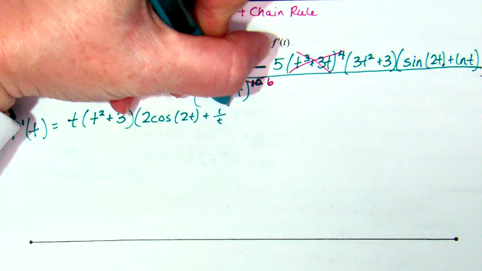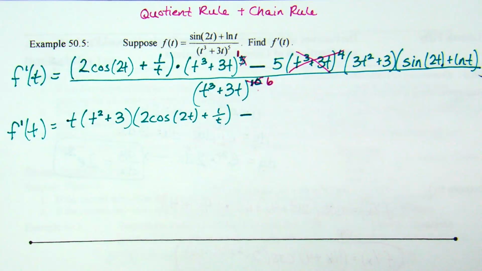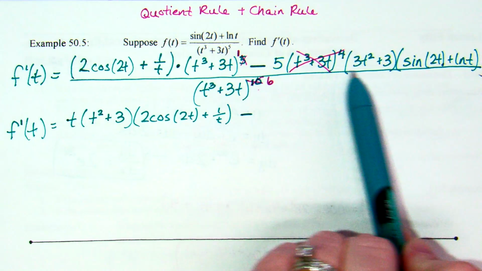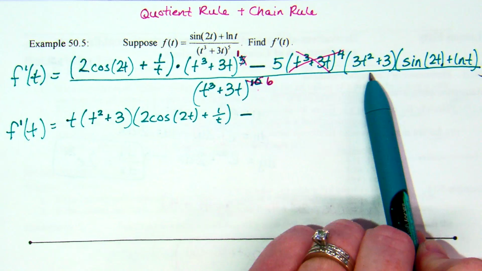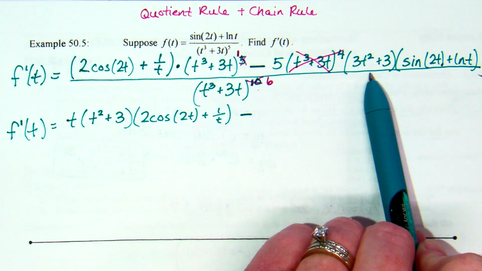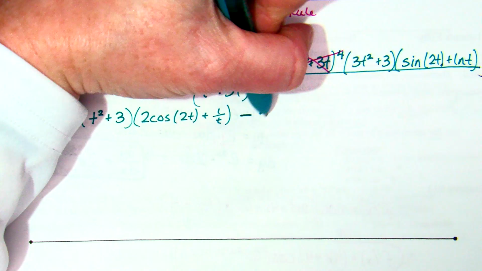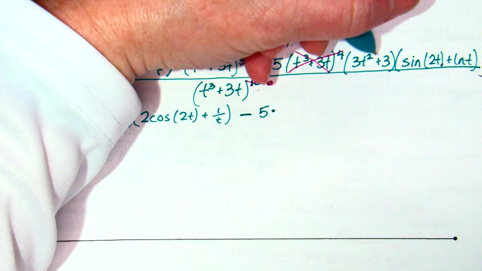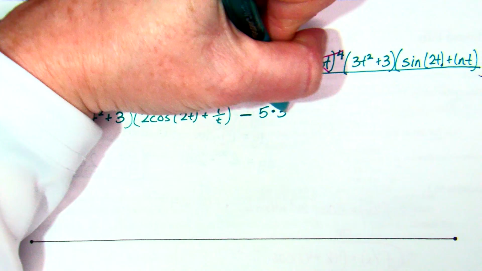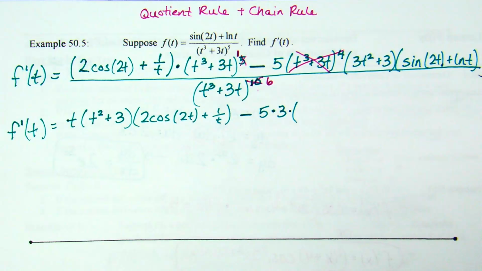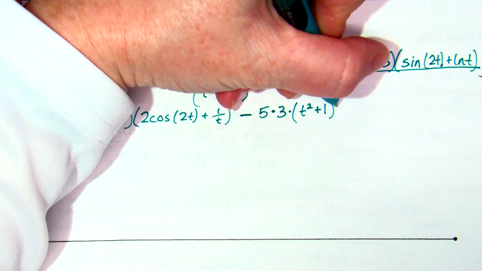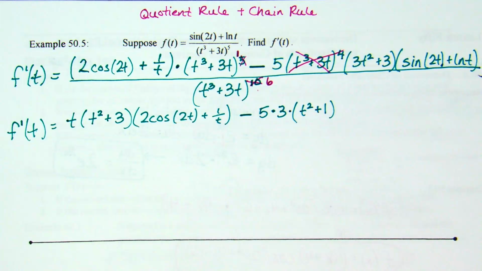Minus. On this next set, we don't have any GCF, so there's not really anything to clean up. Oh wait, never mind, we do have a GCF. There is a GCF of 3. So we already have a 5. I can factor out a GCF of 3 from that next parenthesis, leaving what in the parenthesis? We factor out 3, we still have t squared plus 1.